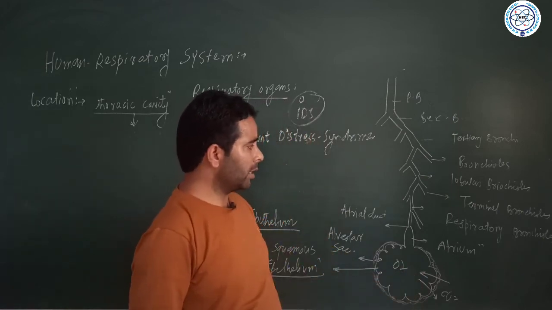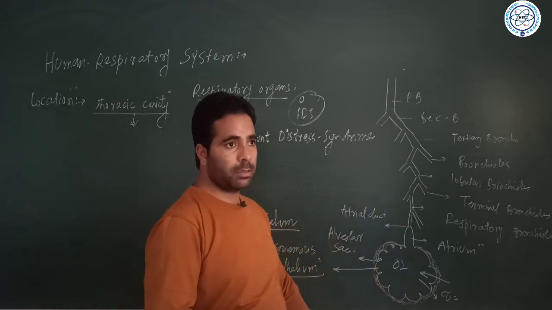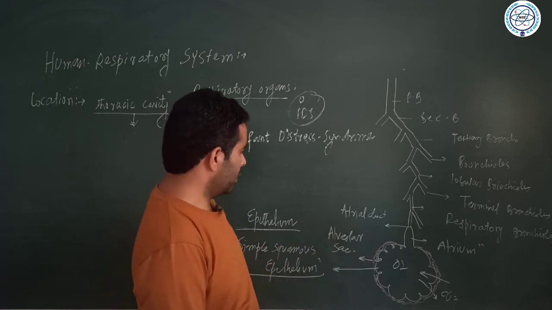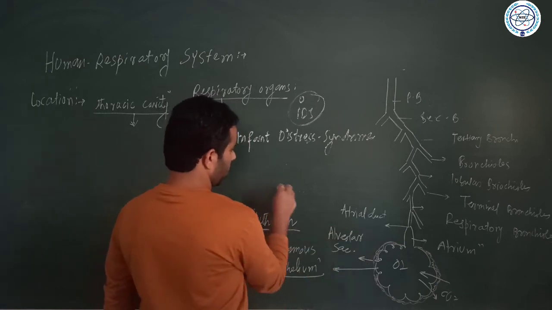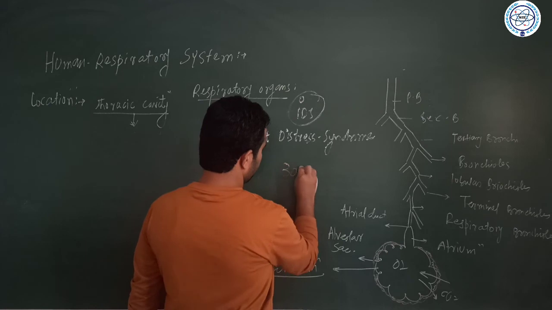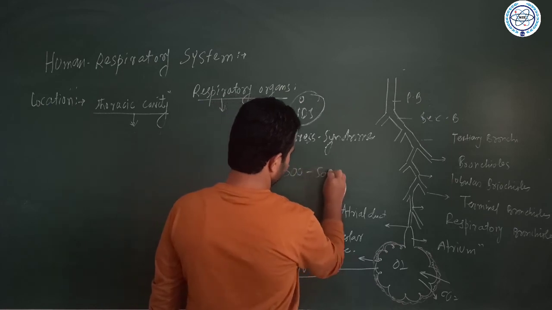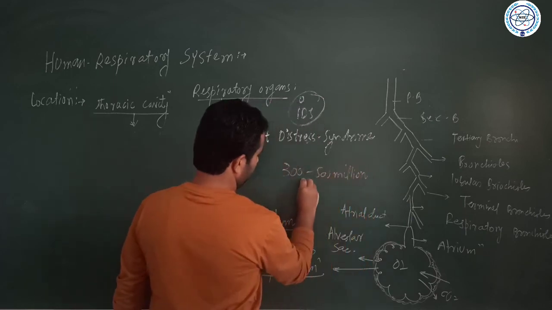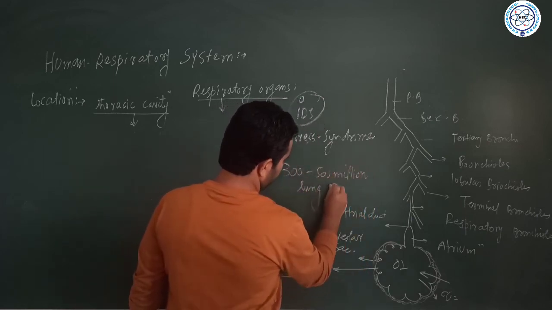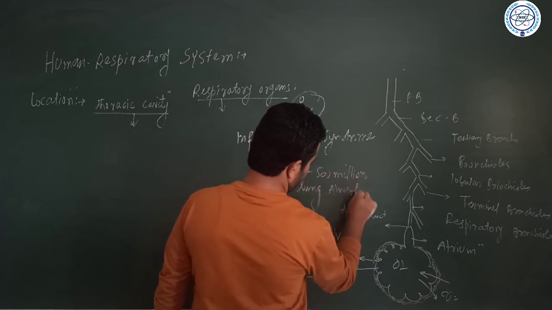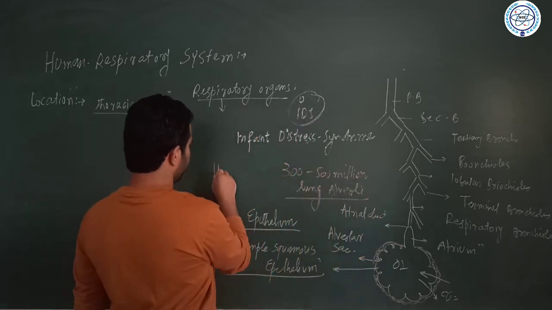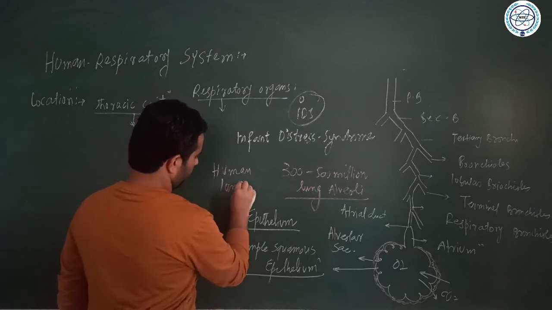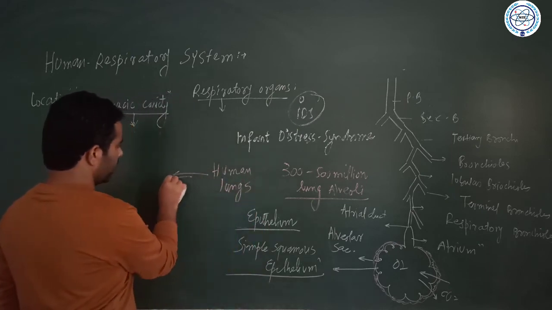And it has been estimated that in both the lungs, human lungs, there is different data in different books, but I will give you both, that it is estimated that there are approximately 300 to 500 million lung alveoli in human lungs, and which have provided a lot of surface area.